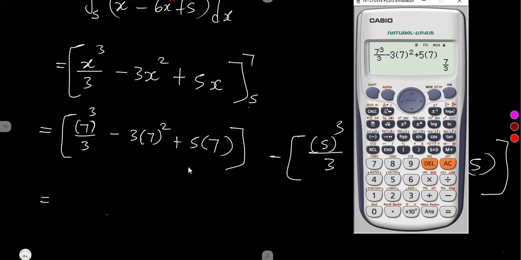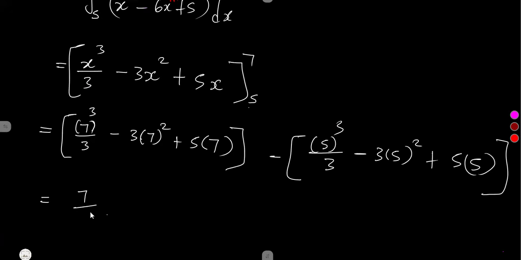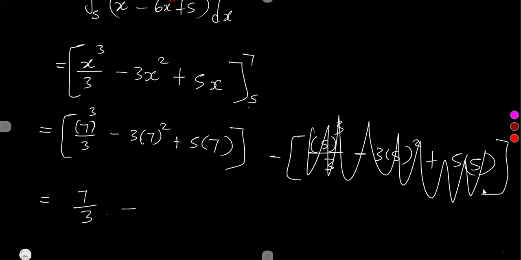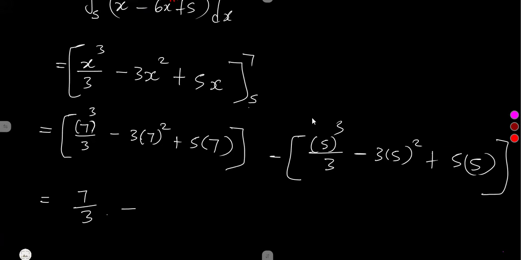Now we are simplifying this on its own. So that's 7 over 3 minus this. I want you to see that this one, we calculated when we substituted the limits before. That was the negative 25 over 3.